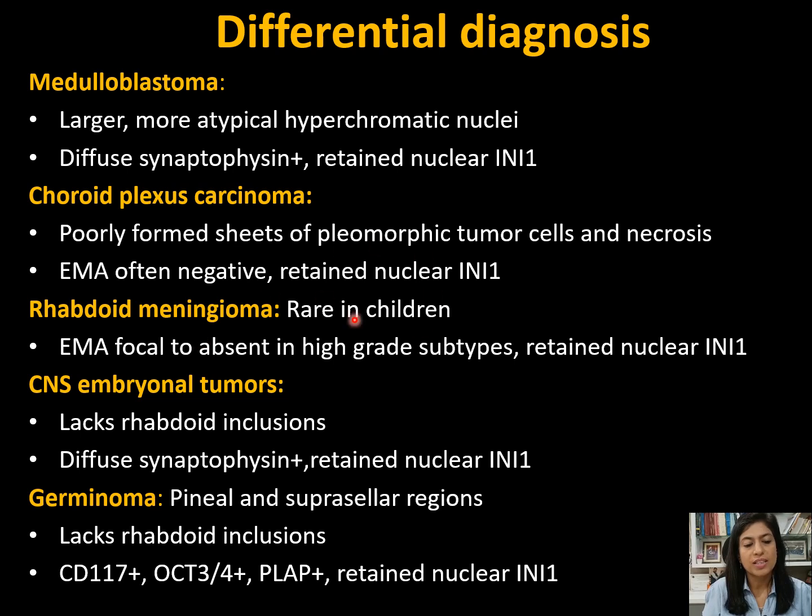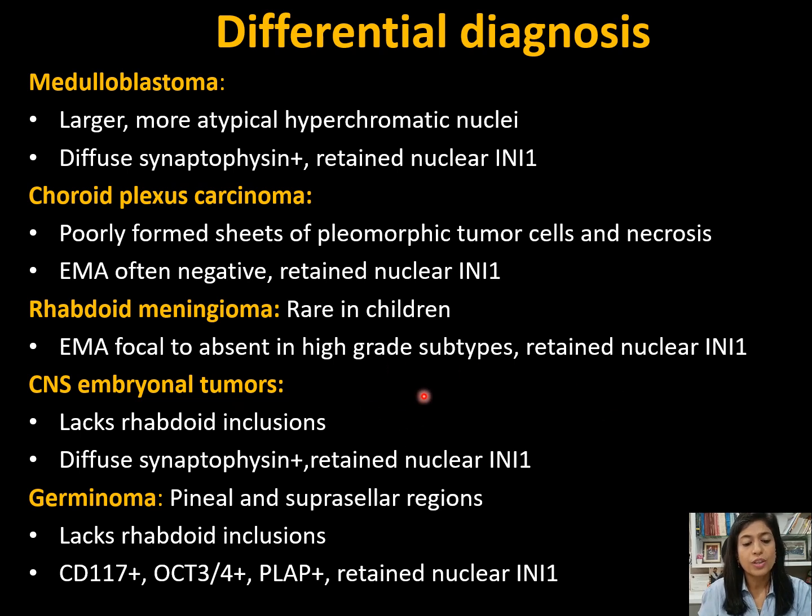Rhabdoid meningioma is rare in children, and EMA expression is focal to absent in high grade subtypes. Again, INI1 is retained; INI1 expression is very helpful. Then coming to the other CNS embryonal tumors, these lack rhabdoid inclusions, and there is diffuse synaptophysin positivity with retained INI1 expression.